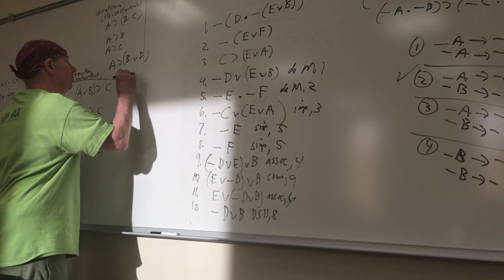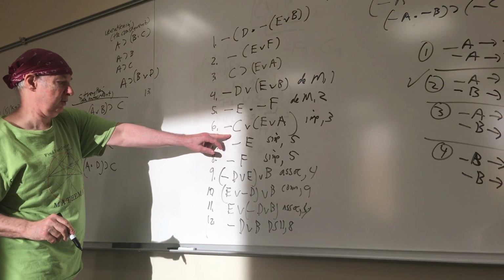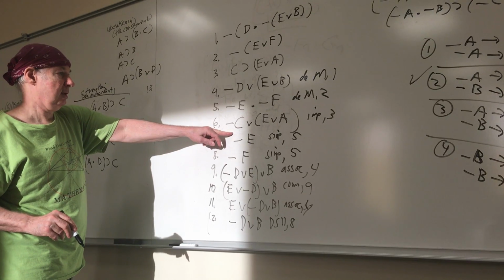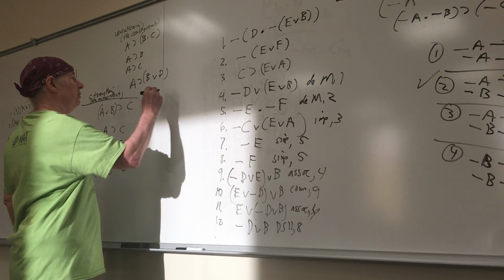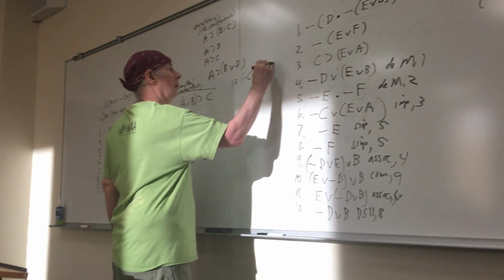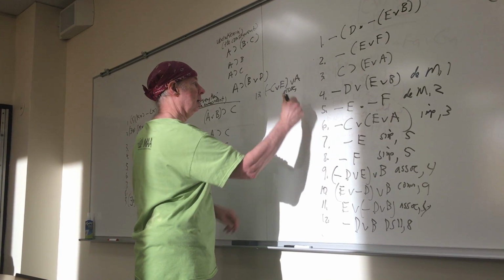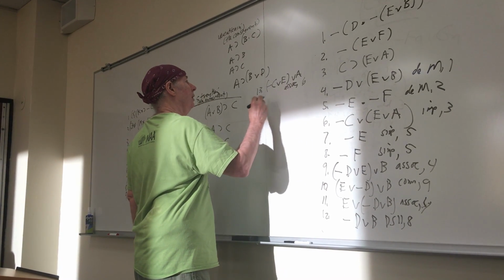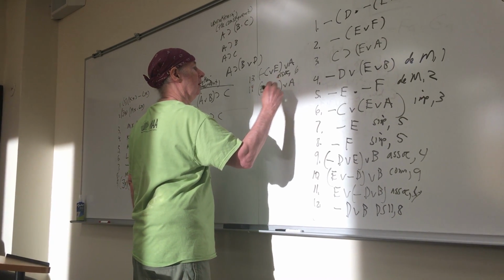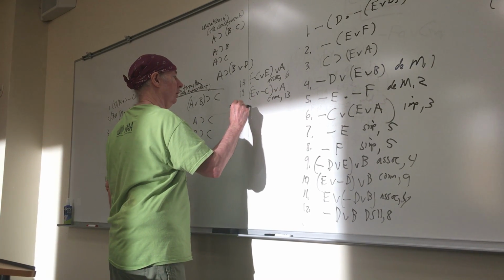Okay, now we do the same with this, number 6. We have to regroup. Then commute. And then regroup.